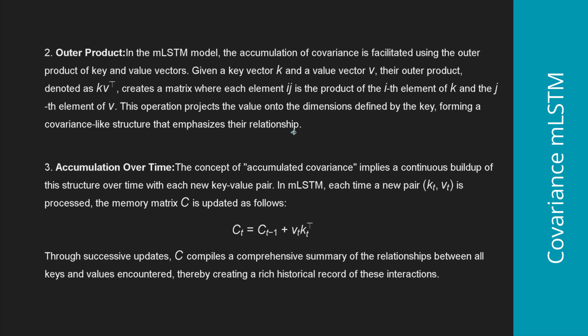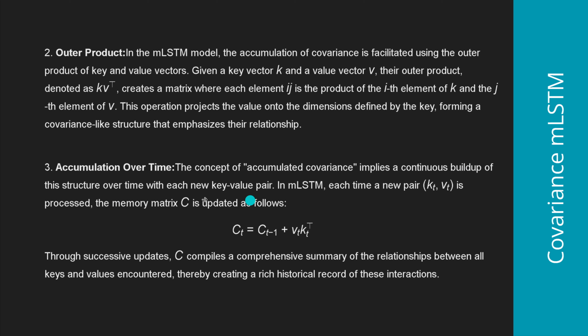Yes. But the concept now of the accumulated covariance implies a continuous buildup of this structure over time. So every time we feed a new key value pair into the system to learn, it is added.